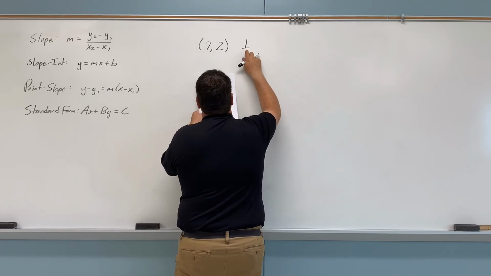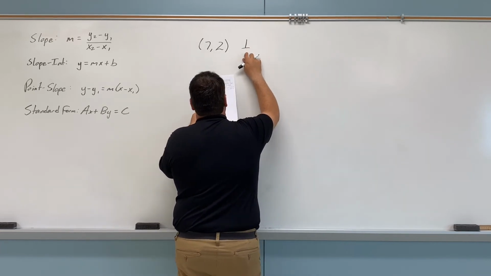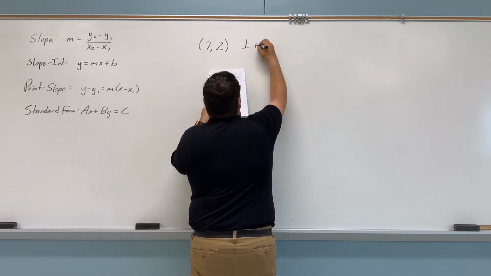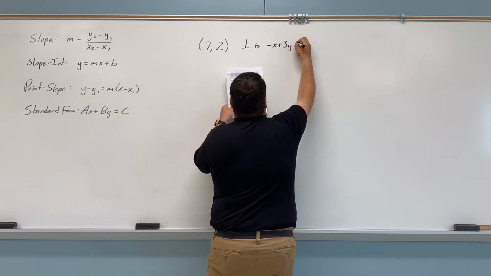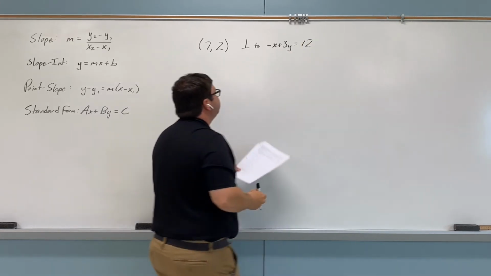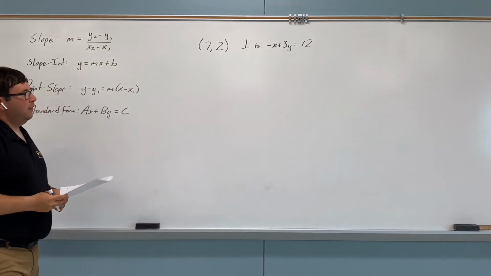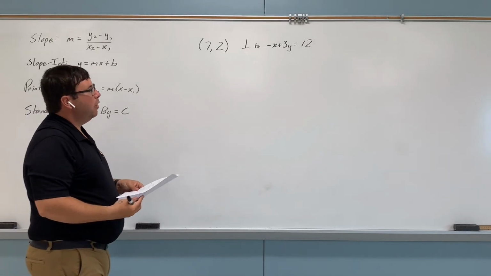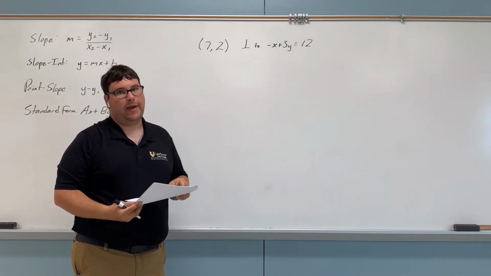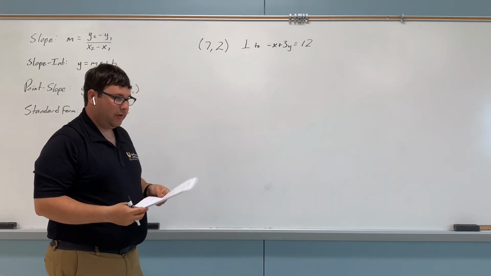I'm using the symbol here. Perpendicular to -x plus 3y equals 12. So I have the point of 7/2, and my line will be perpendicular to my given line. Oh boy, what do I do?